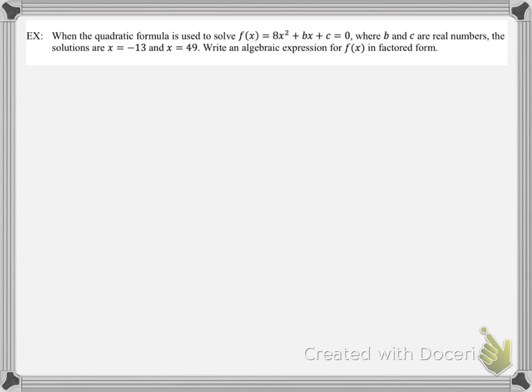So, for example, on this one, we said when the quadratic formula is used to solve this equation, the solutions are x equals negative 13 and x equals 49. And so we want to write an algebraic expression for f of x in factored form. This is exactly the same as what we just did.